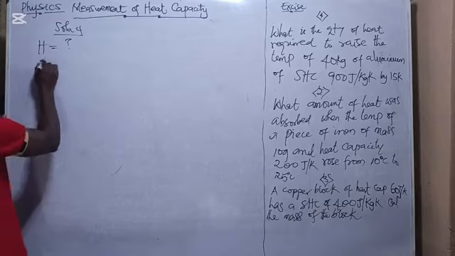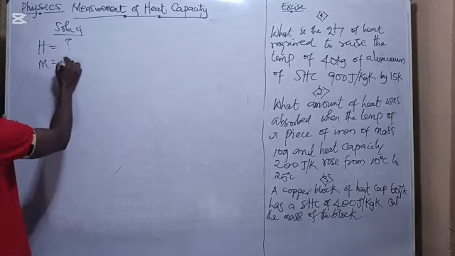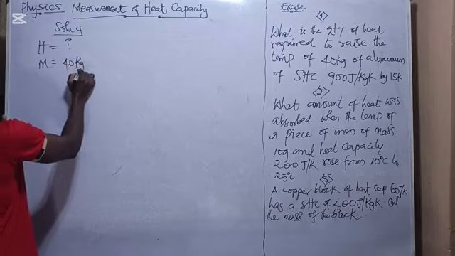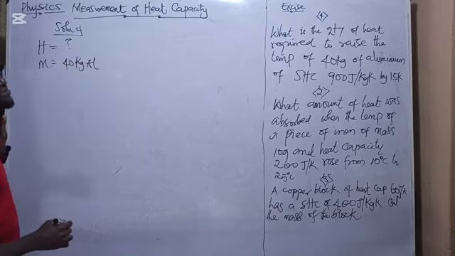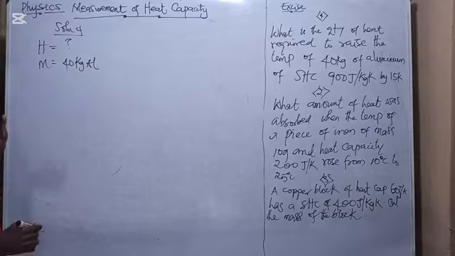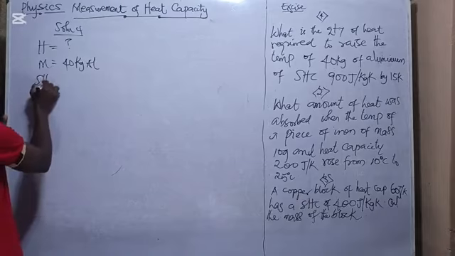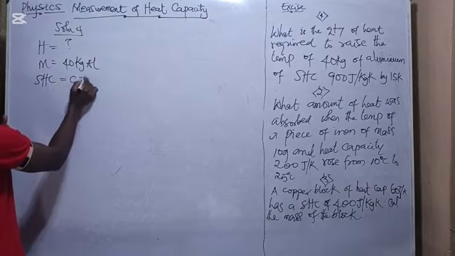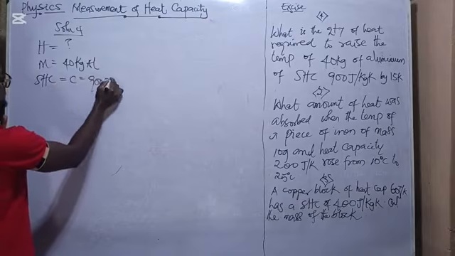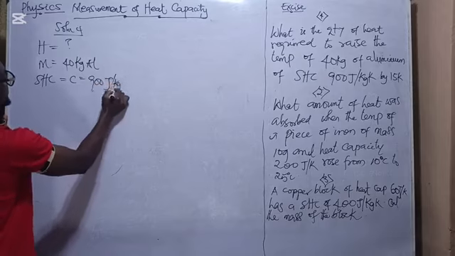So we have the mass of the aluminium, 40 kilogram, and the specific heat capacity is 900 joule per kilogram per Kelvin.